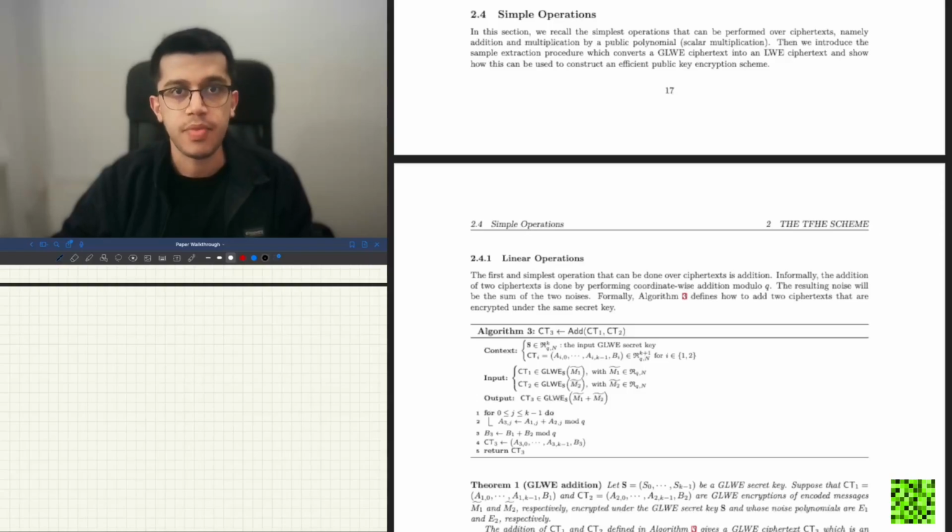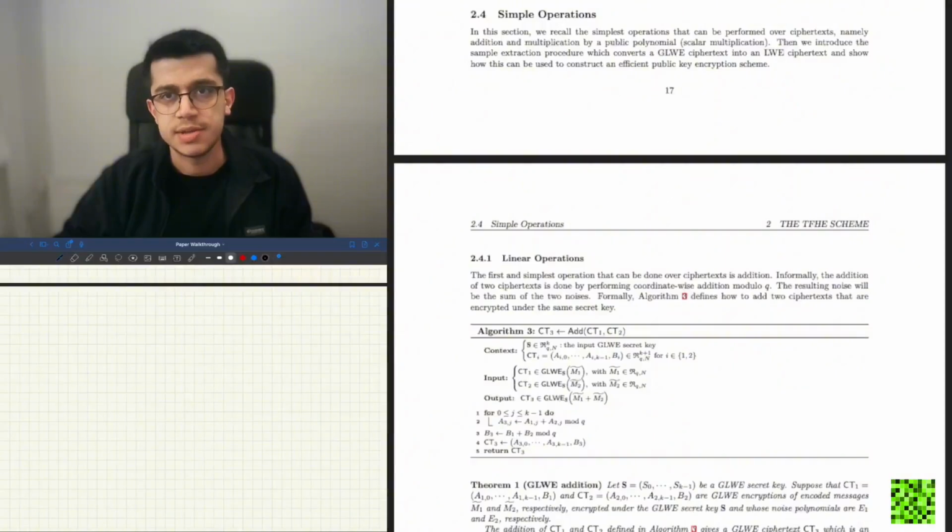Okay, so in this section we recall the simplest operations that can be performed over ciphertext, namely addition and multiplication by a public polynomial, which we call scalar multiplication. Then we introduce the sample extraction procedure, which converts a GLWE ciphertext into an LWE ciphertext, and show how this can be used to construct an efficient public key encryption scheme.